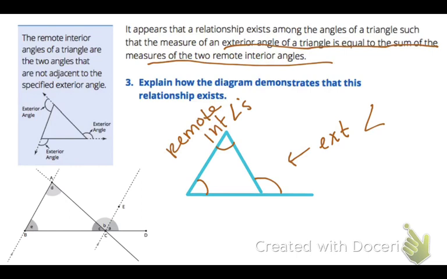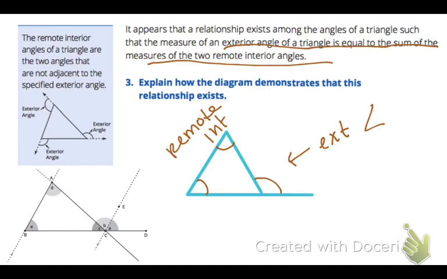Now, the reason that you cannot call this angle right here a remote interior angle is because this line is supplementary. It is also adjacent, which means next to the exterior angle. Notice how the remote interior angles are neither supplementary nor adjacent to this exterior angle. Okay, so that's how it always works.